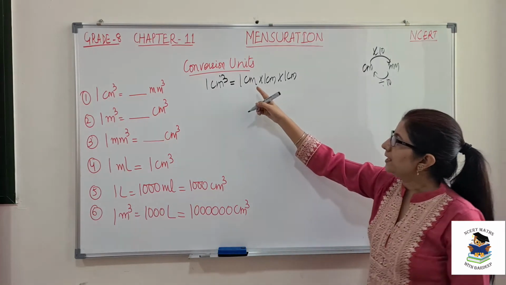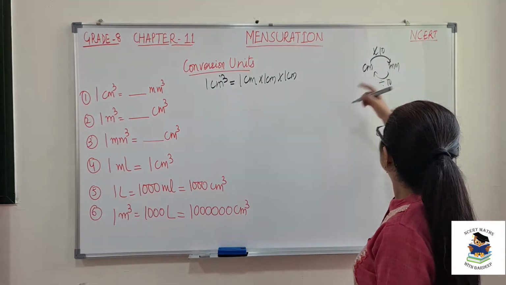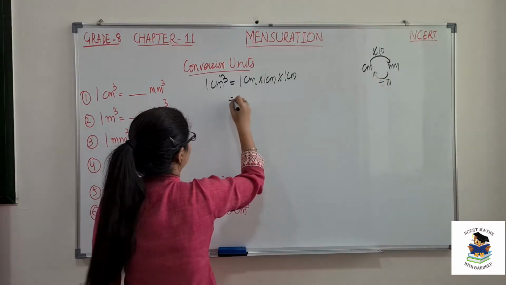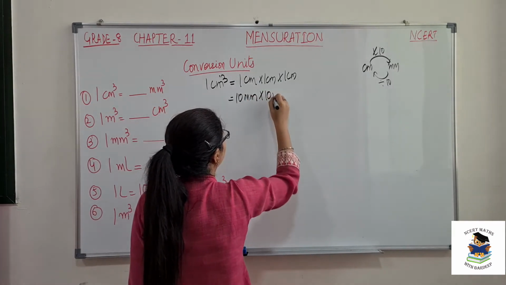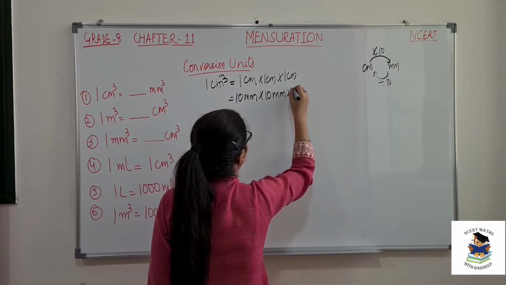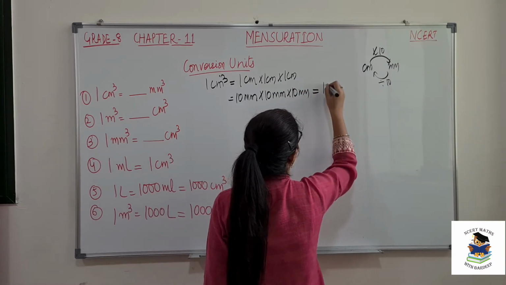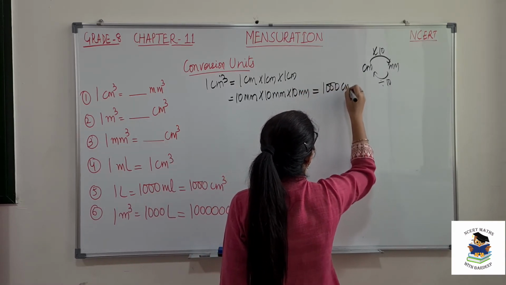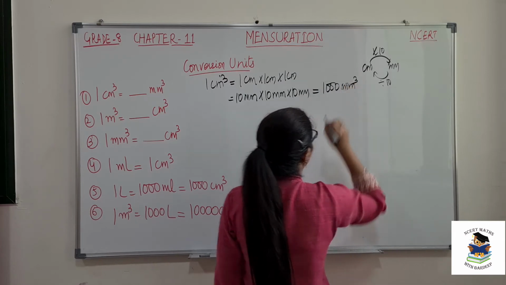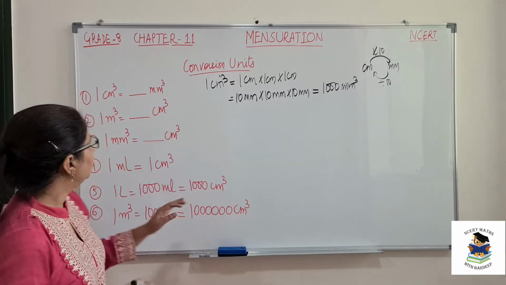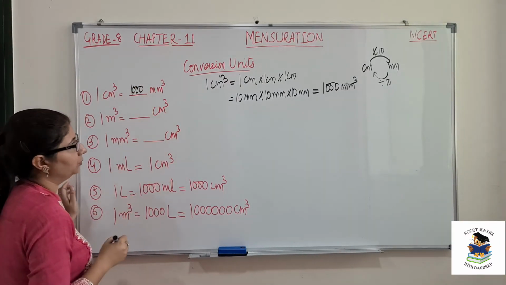So in our case, centimeter is to be converted into millimeter, so the factor is 10. This is 10 millimeter into 10 millimeter into 10 millimeter. So we get 1000 millimeter cube.